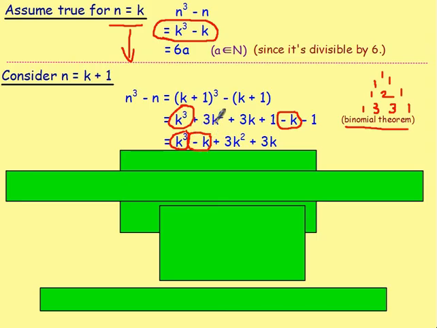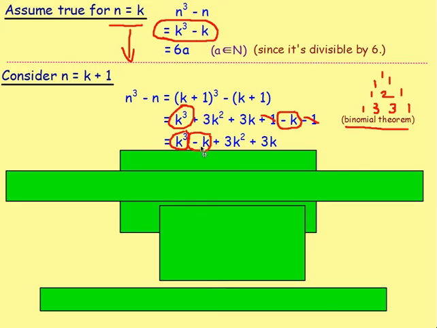And what am I left with? Well, I've got a 3k squared, I've got a plus 3k, and I've got this plus 1 minus 1, so just cancel them out. Really, with k cubed take away k, what's k cubed take away k equal to? If you look back to the stage where we assumed it's true, we said that because that's divisible by 6, it's going to be 6 times something, and we said that was equal to 6a.